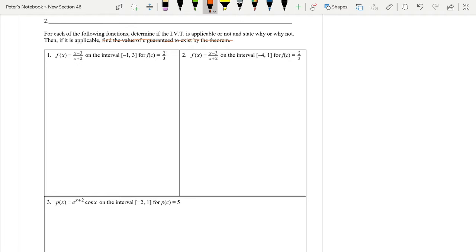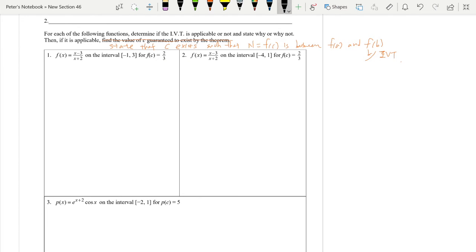So if it's applicable, you're basically going to state that c exists such that n equals f of c is between f of a and f of b by IVT, the intermediate value theorem.